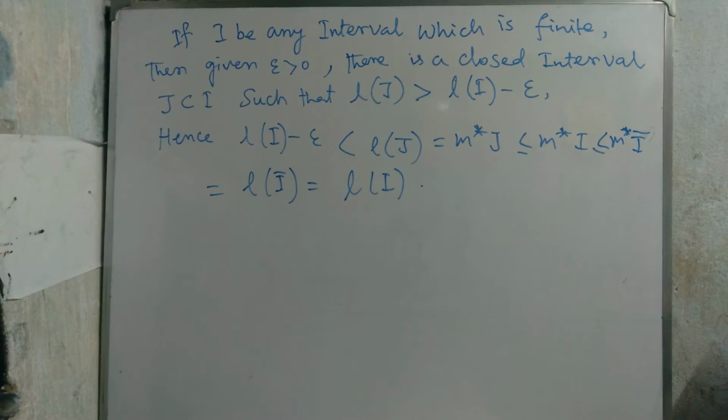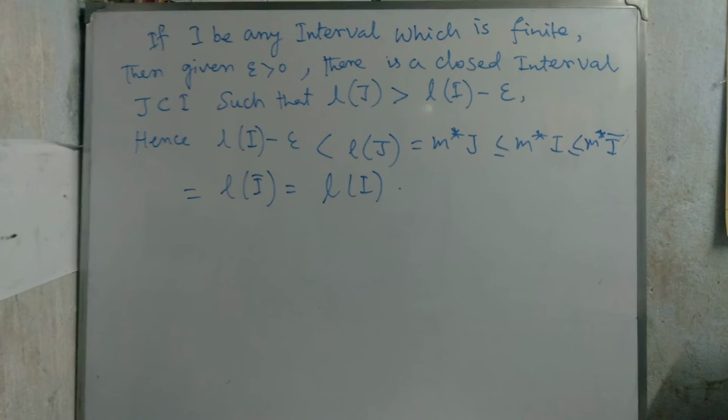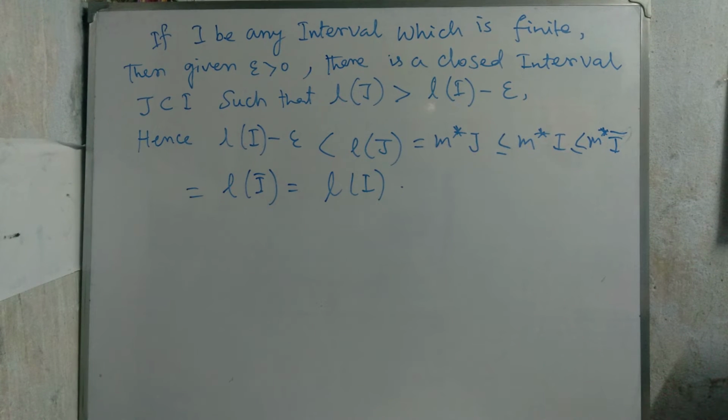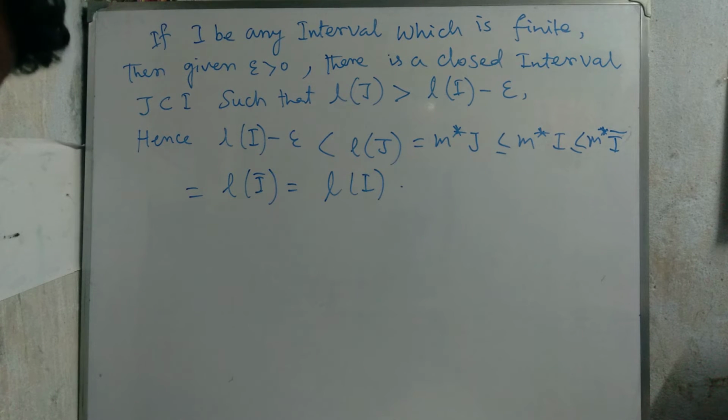Then what happened? Obviously we check if I is any interval, then there is a closed interval such that l(J) is greater than l(I) minus epsilon. Then this happens.